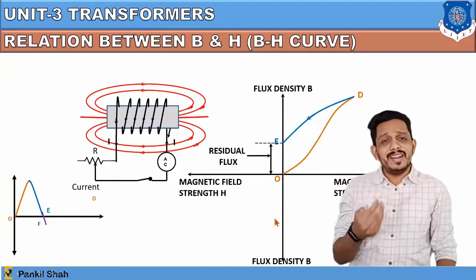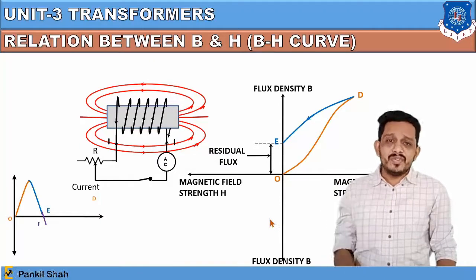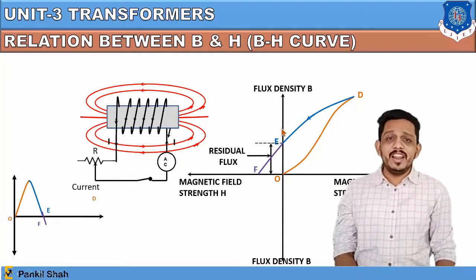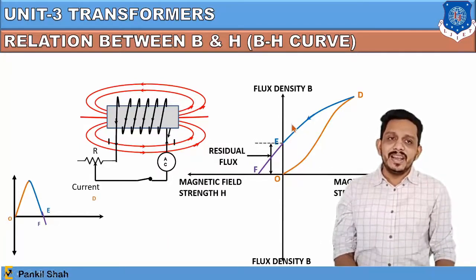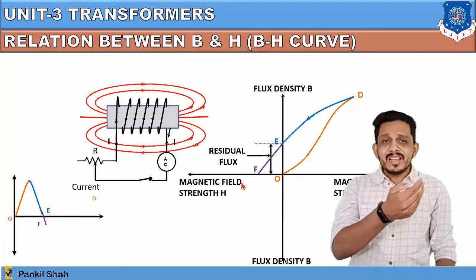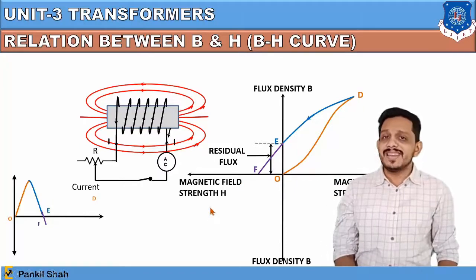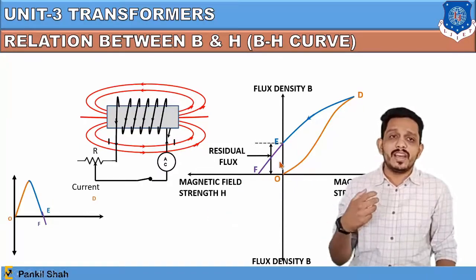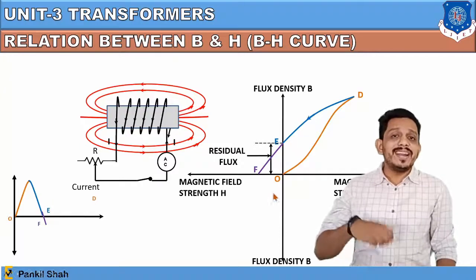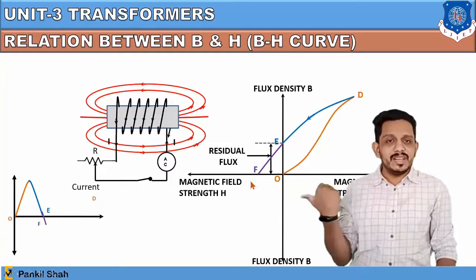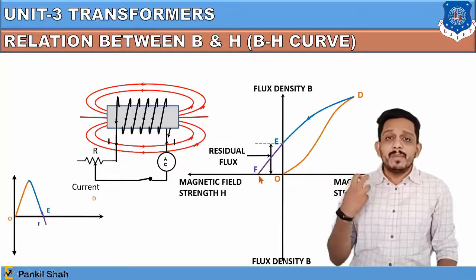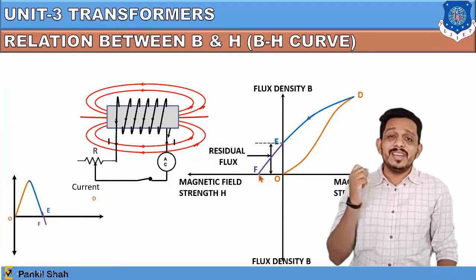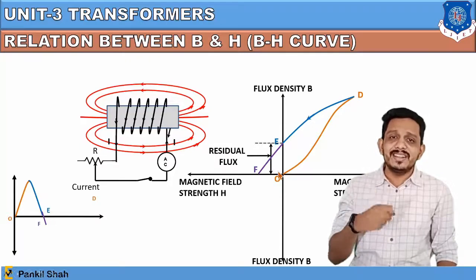So if current is increased in the reverse direction, then the magnetic flux will be increased in the reverse direction. You can see that the magnetic flux decreases toward the reverse direction because first of all there was some residual flux, so we are giving the magnetizing force in the opposite direction, and there will be production of magnetic flux. But this magnetic flux right now is available only to cancel this residual flux.